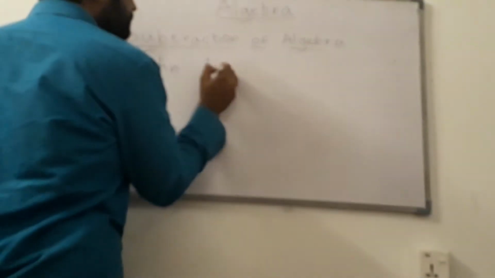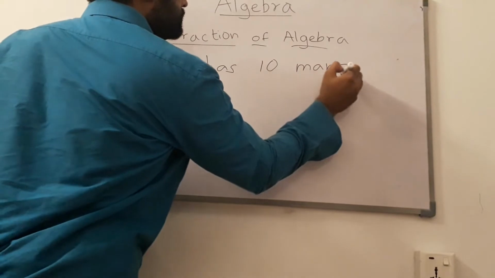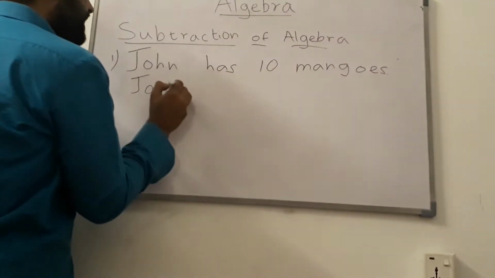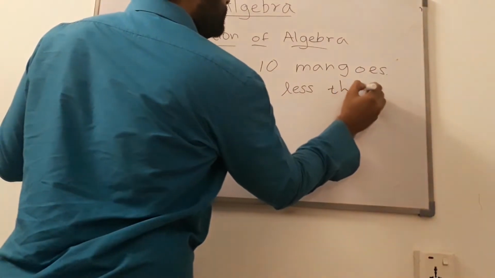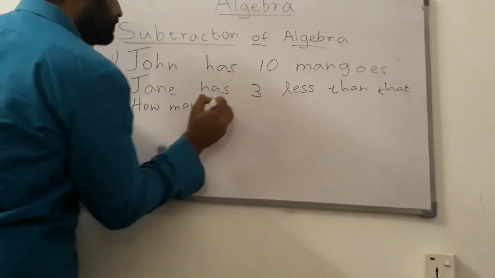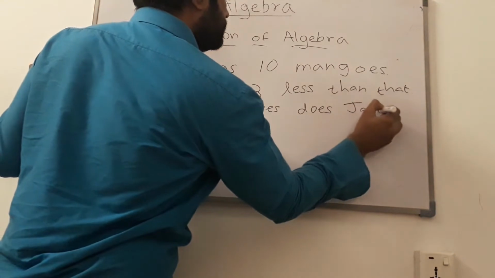John has 10 mangoes. Jane has 3 less than that. How many mangoes does Jane have?